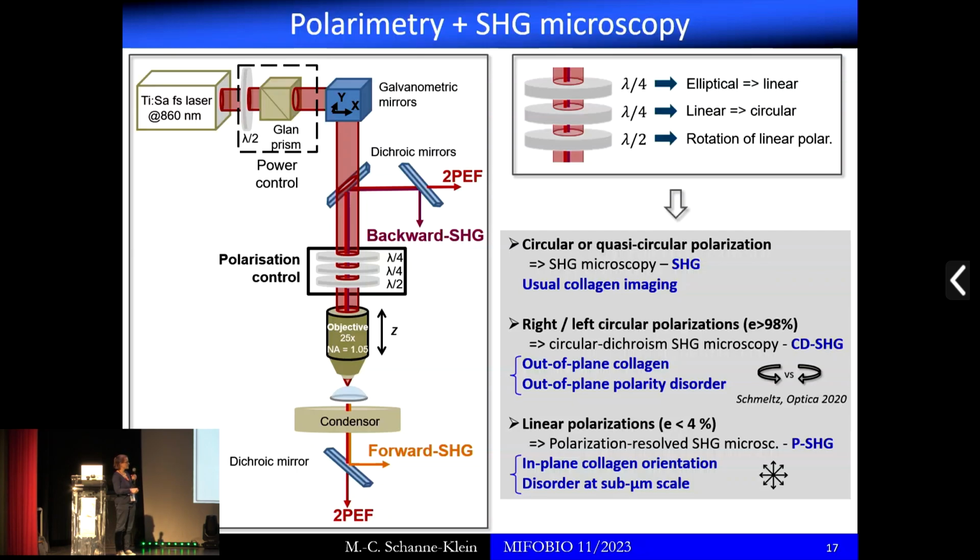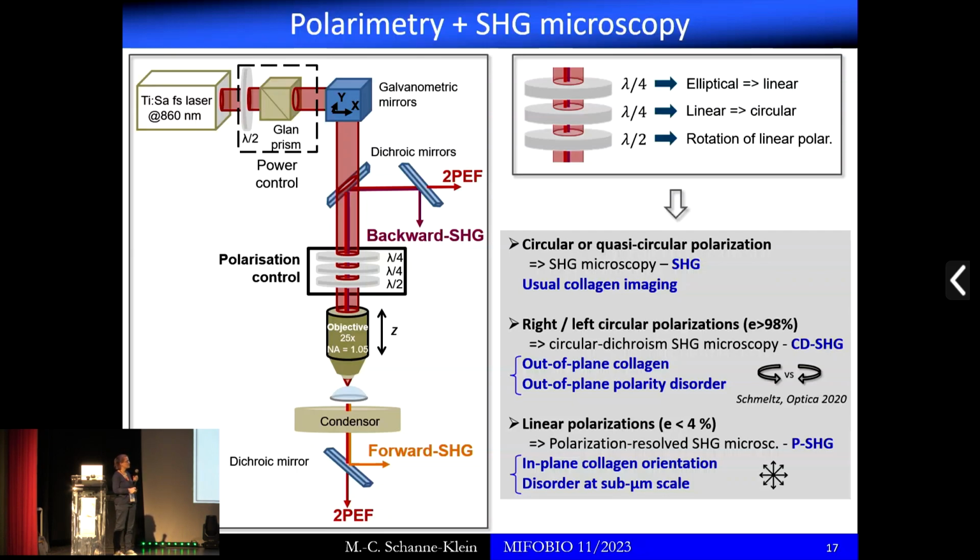Then there is a second plate that is also a quarter wave plate, and it enables switching from linear to circular. It's a better way to do second harmonic generation, to use this circular polarization, so as not to be sensitive to any direction within the sample, so to have a flat response.